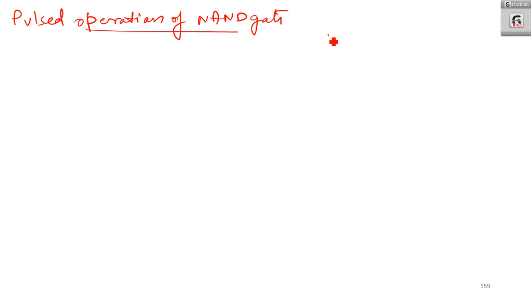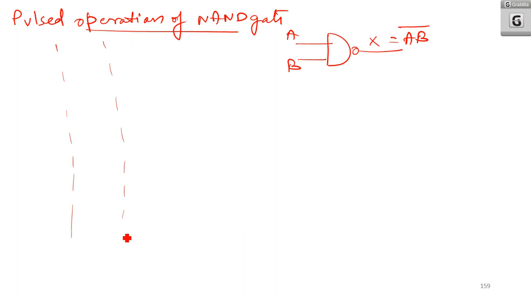So what is basically NAND? We'll get S equal to A B the whole bar. So if I am having only two inputs, I will draw the pulse train first for 4 time instances, then it will be easy for you.